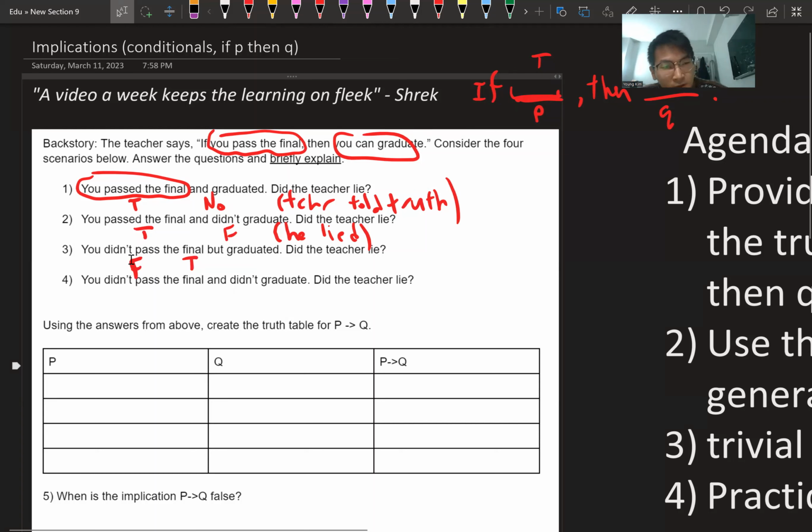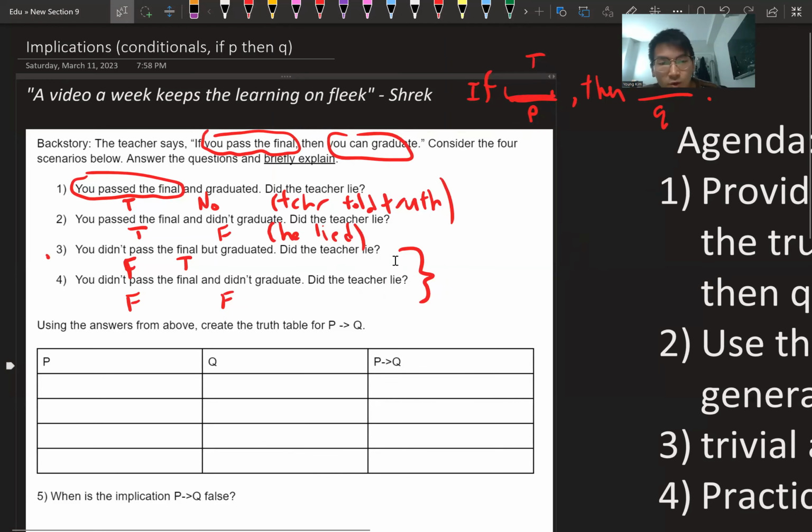Similarly, number four, you didn't pass here too. When you didn't pass, it's like anything goes. For number four, you didn't pass the final, that's F, and you didn't graduate, so Q is also F. But since he didn't specify what would happen in the case you didn't pass the final, the implication if P then Q would be true in both.